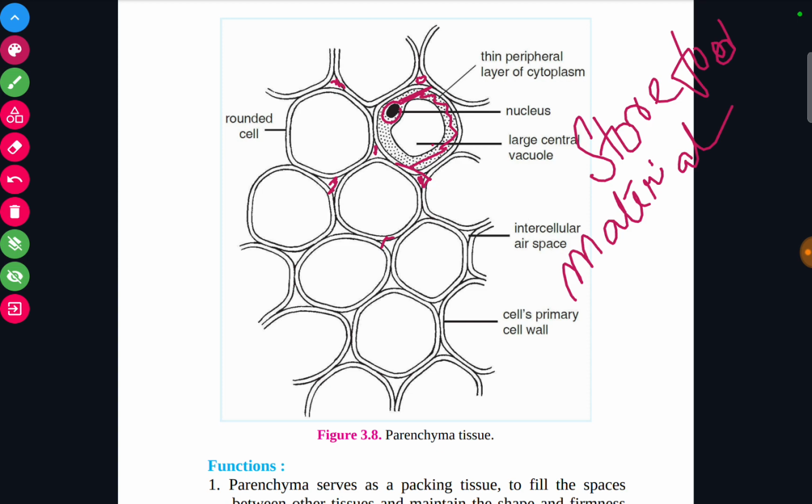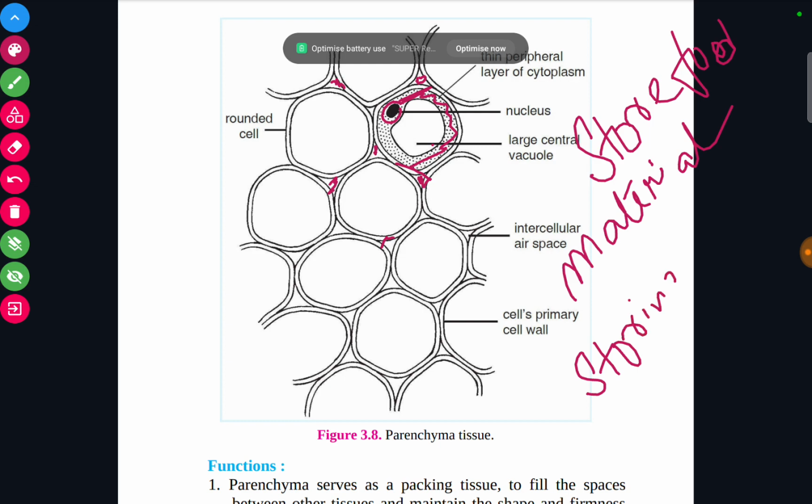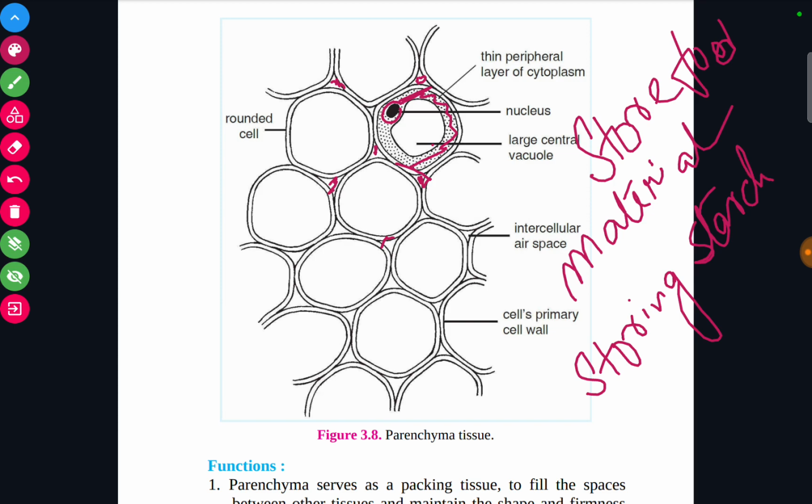For example, potato, we all know, we eat potatoes. Potatoes are mainly composed of parenchyma cells, which store starch.